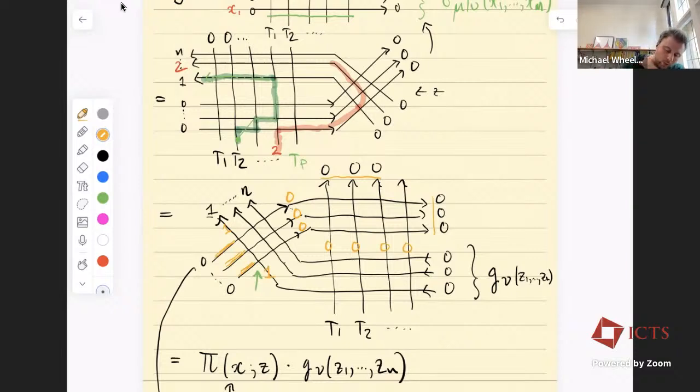Otherwise, there's no way I can have a 1 exiting here. Maybe I draw the actual orientation of all of the lines. Right? So these are all zeros. So the 1 has to have come from here. But couldn't the 1 go to the right and then come back?